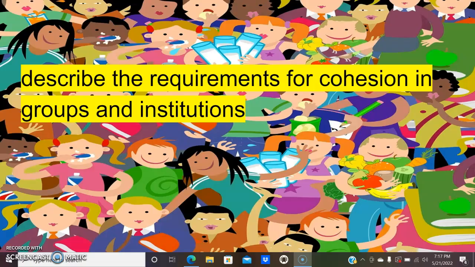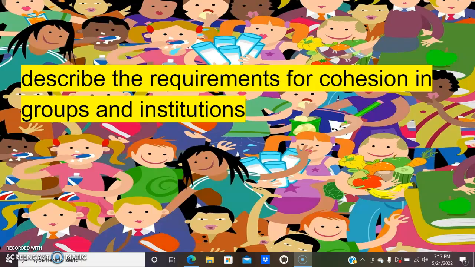So if we should rephrase this question: describe the requirements that will allow groups or institutions to work together, to be united in achieving a common goal.